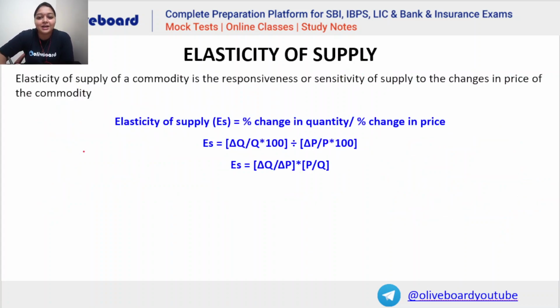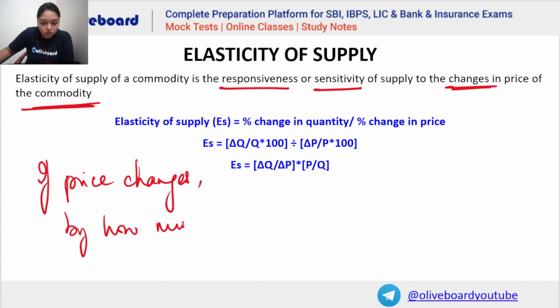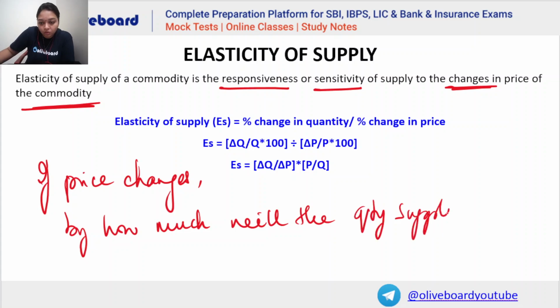Okay. Now what is elasticity of supply? We did elasticity of demand, same concept, but in case of supply, right? Elasticity of supply of a commodity is responsiveness or sensitivity of supply to changes in price of a commodity. So what is the formula? What is responsiveness or sensitivity? If price changes, by how much will the quantity supplied change?